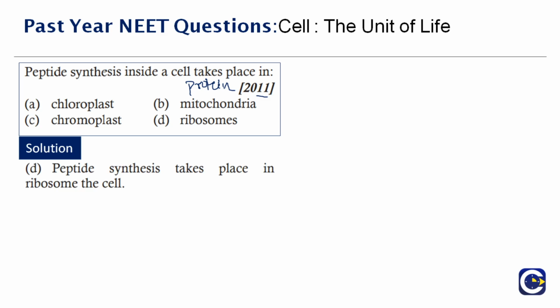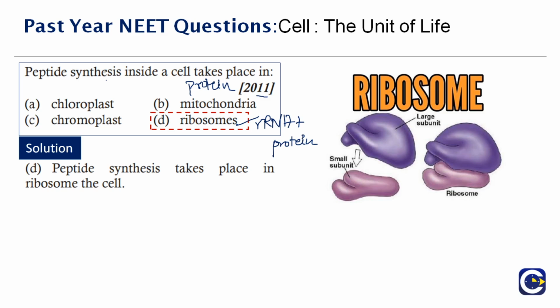Therefore the correct answer to this question is ribosome. We already saw the ribosome has rRNA plus protein, right? So protein and peptide mean the same. Therefore peptide synthesis inside the cell takes place in the ribosome. The correct answer is option D, ribosome.